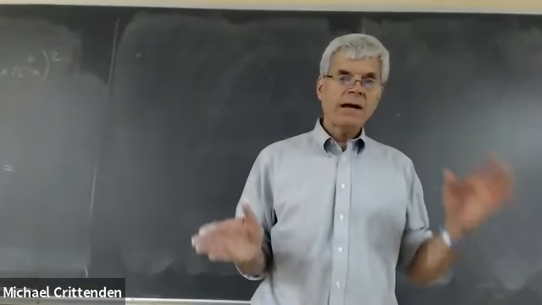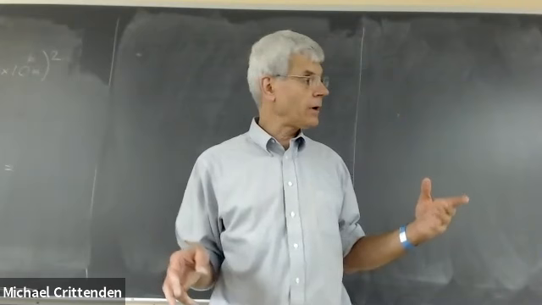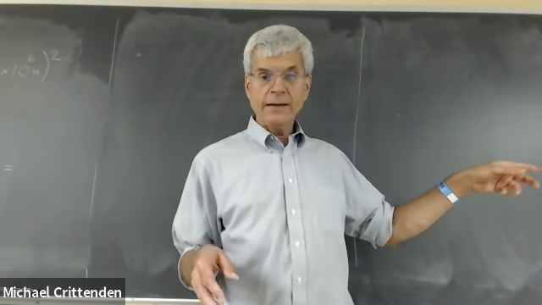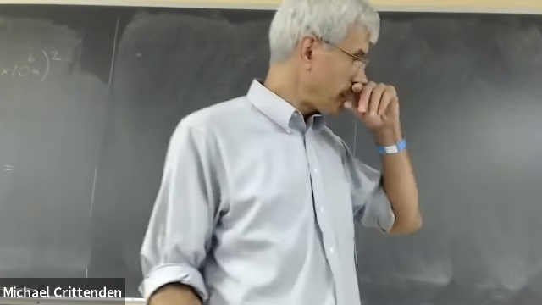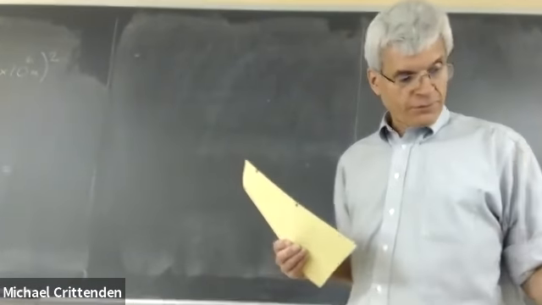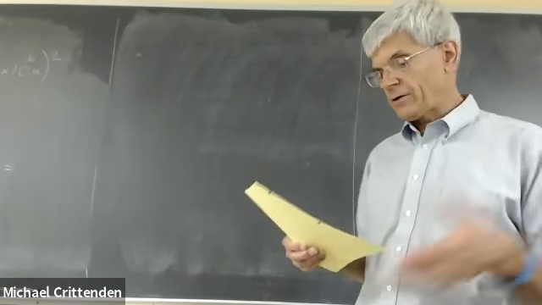A force that passes through the axis of rotation produces no torque. I can't open the door by shoving on the hinges, no matter how hard I push. Forces that pass through the axis of rotation produce no torque. And therefore, since there is no torque, angular momentum should be conserved.